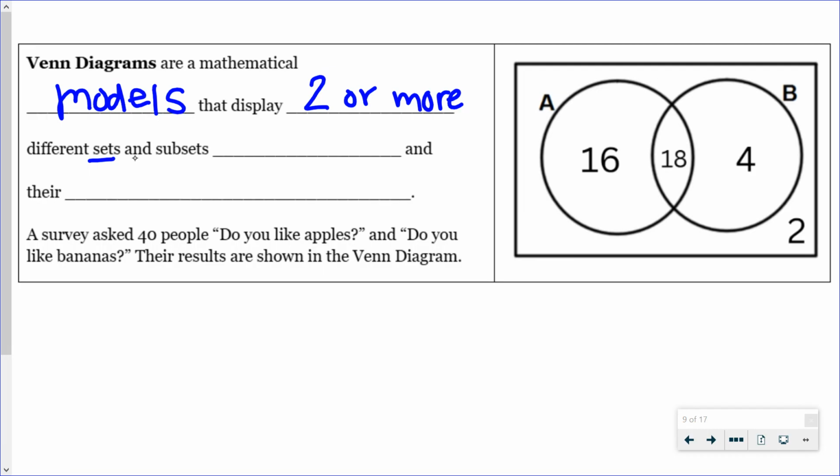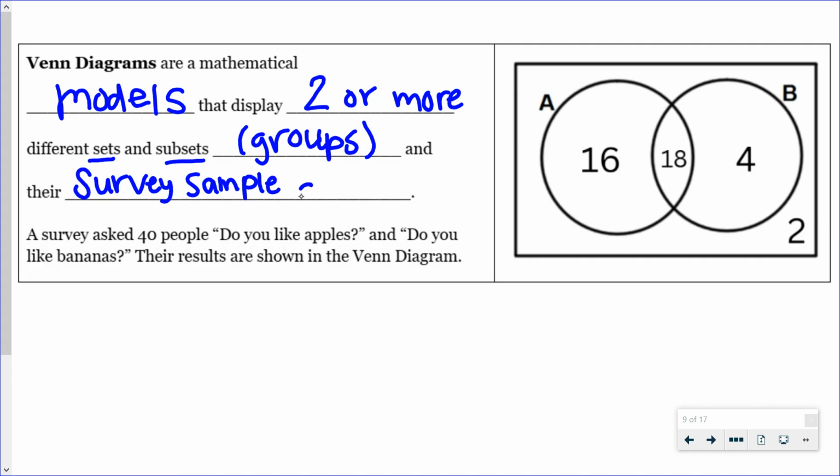Sets and subsets are just ways of saying groups in math, and specifically groups of data, okay? And what is it showing us about those groups? It's not telling us the name, or it's not telling me qualities about them. It's telling me their survey sample data, meaning data from a survey.